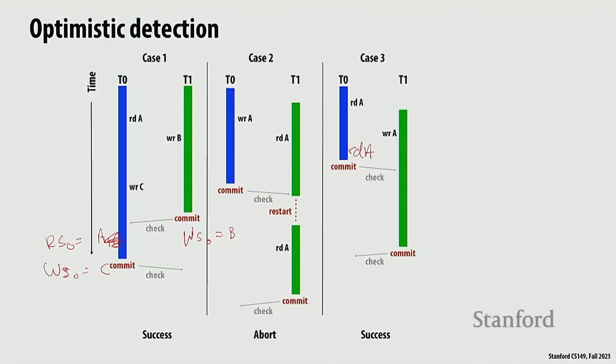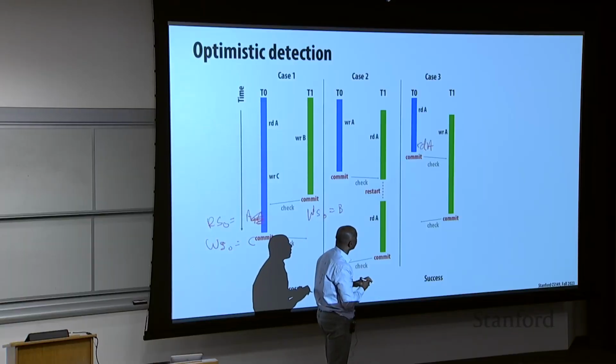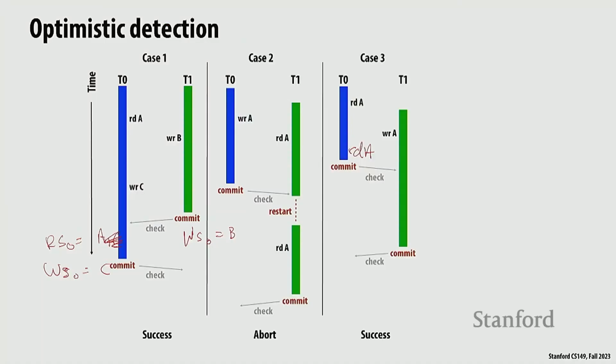So we do the commit of T0, and then we do the commit of T1. And in fact, you serialize these transactions so the read of A happens before the write of A in the serialized transaction order. And so that means that, of course, transaction 0 should not see any of the updates of transaction 1.